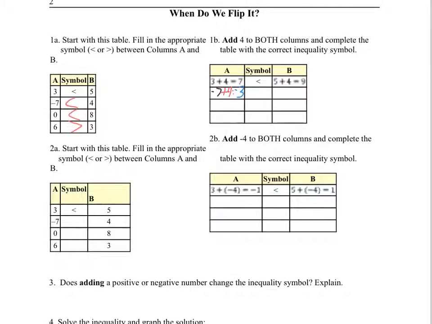So we're going to have 0 plus 4, and that equals 4. And then we have 6, and then we're going to do plus 4, and that equals 10.